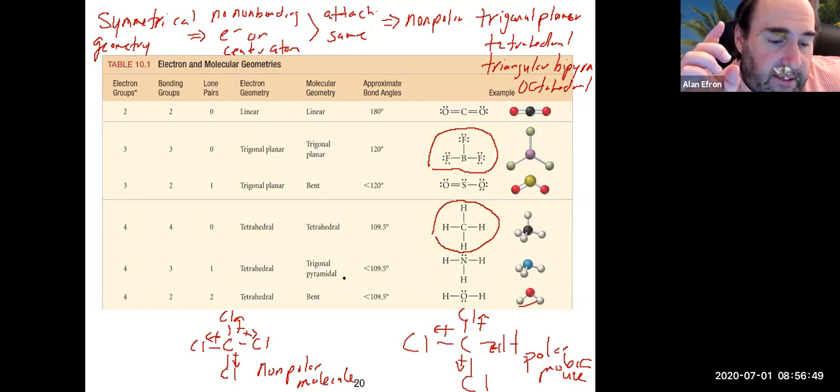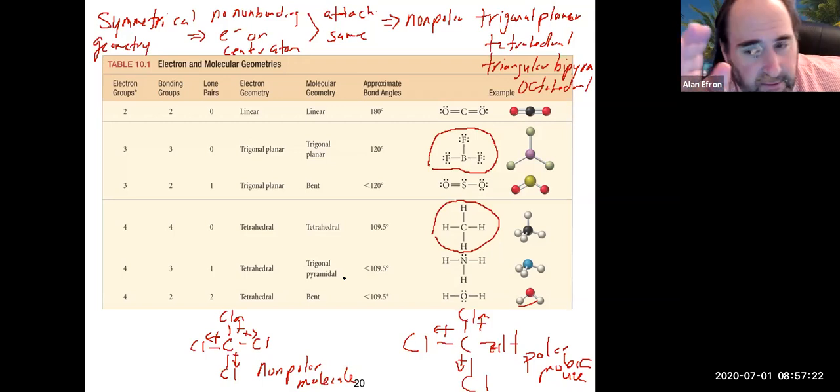But the exception is if you take out one of those guys on the outside and change it to a different element, it will typically go from non-polar to polar, because you will then have an overall difference. So that's the general rule for symmetrical geometries. No dots on the central atom, everybody on the outside the same, non-polar. No dots on the central atom, everybody on the outside not the same, probably going to be polar.